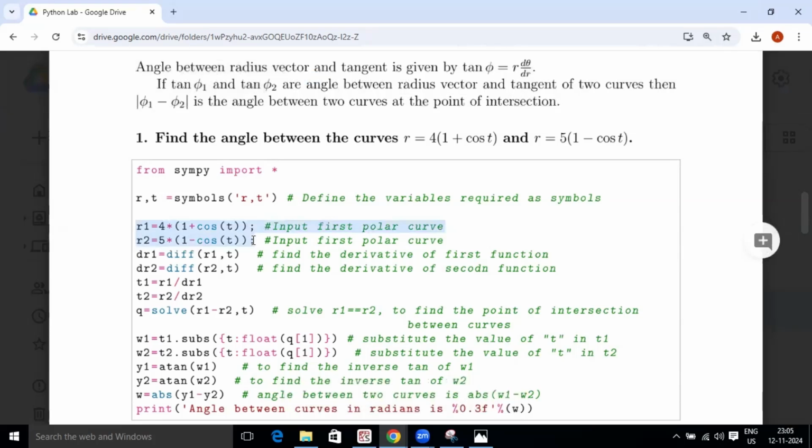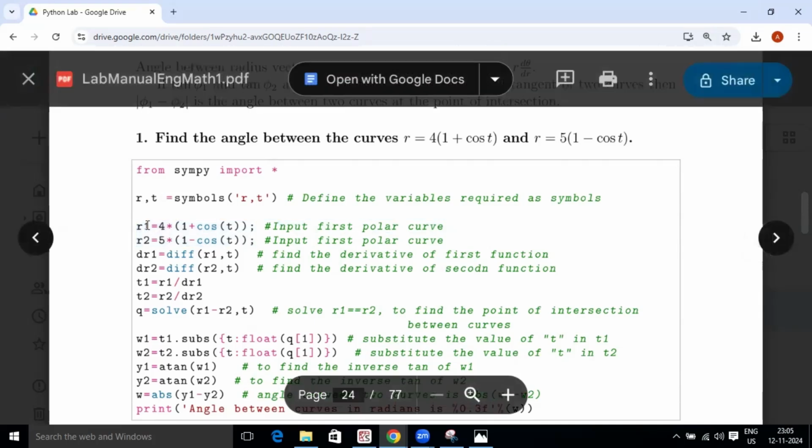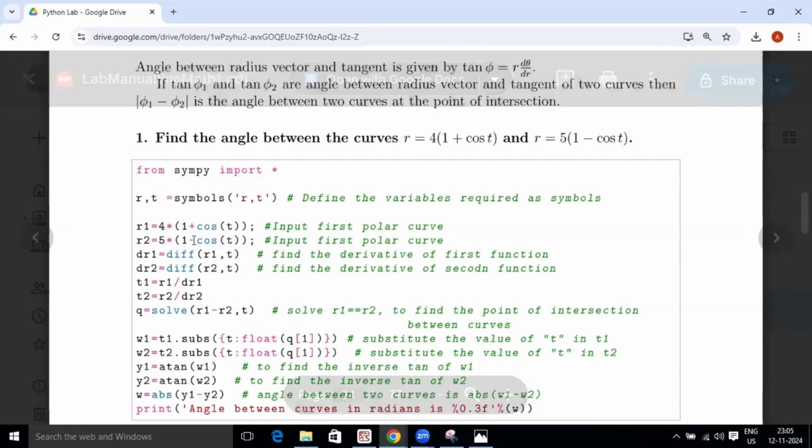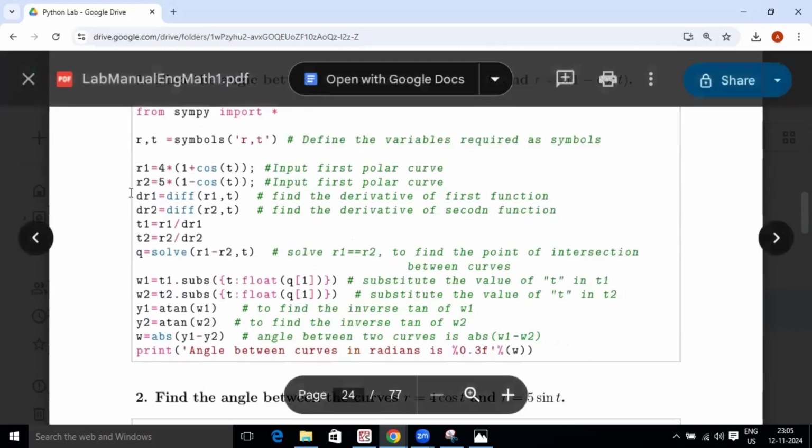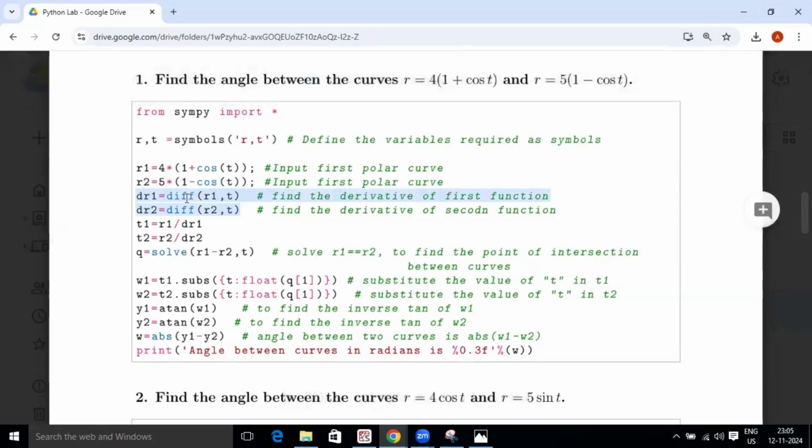Here we define the two polar curves, r1, a cardioid with a maximum radius of 8, and r2, another cardioid with a maximum radius of 10. In these two lines, the diff function is used to calculate the derivatives of r1 and r2 with respect to t.